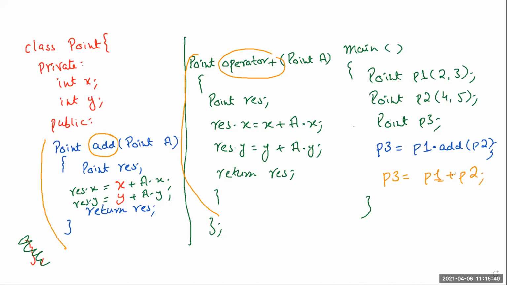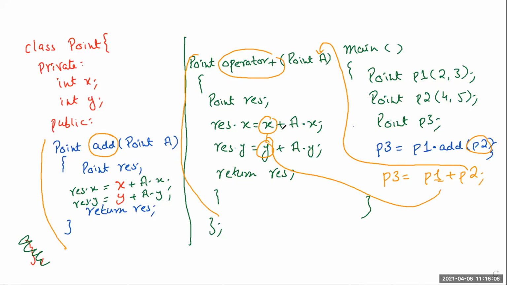Now when you write this, what will happen? Whatever is on the right side, P2, is actually going to this A, which was happening here as well with the function. And whatever is on the left side, the function is called for object P1. So when I'm writing X and Y, these X and Y actually belong to P1.